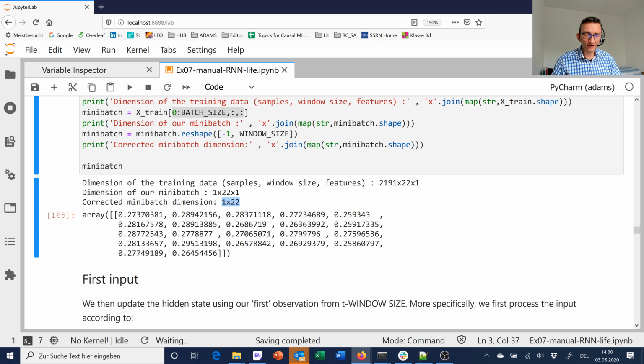We can have larger mini batches, so the further dimensionality would grow, right? And we could have more than one feature, so the third dimension could grow. And that's really why we always work with 3D tensors when we use Keras and other deep learning libraries. That's the type of data structure we have to wrap our heads around.